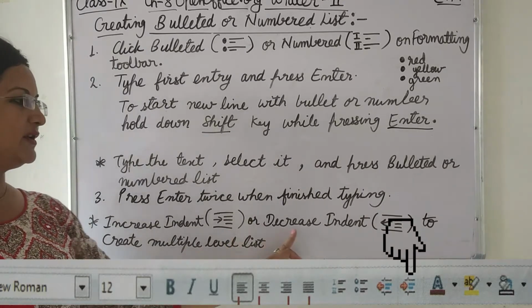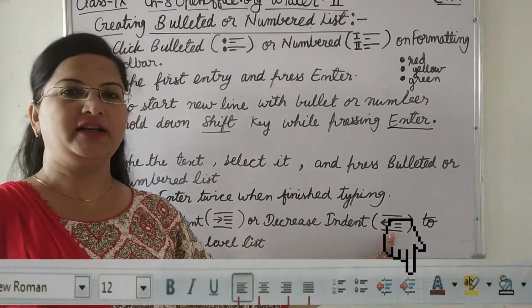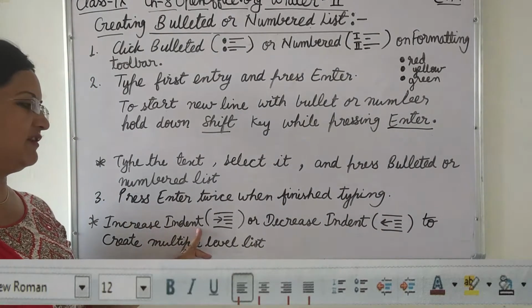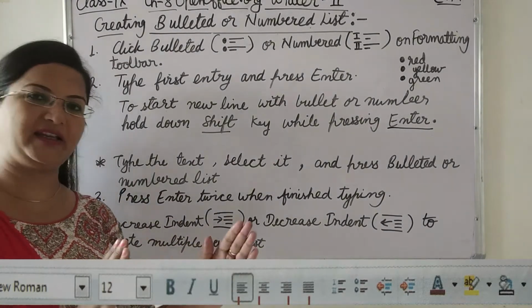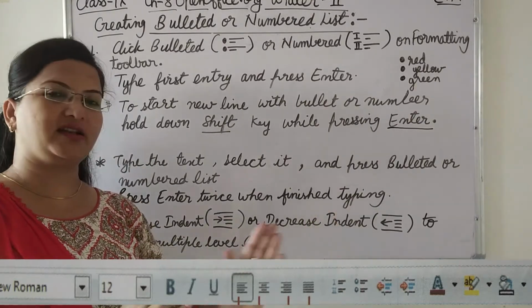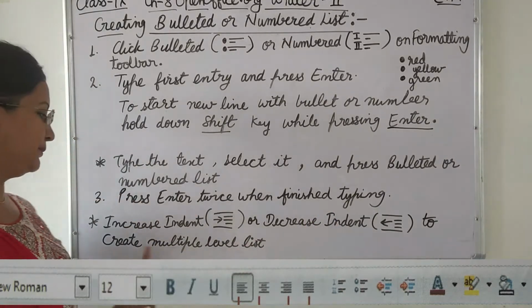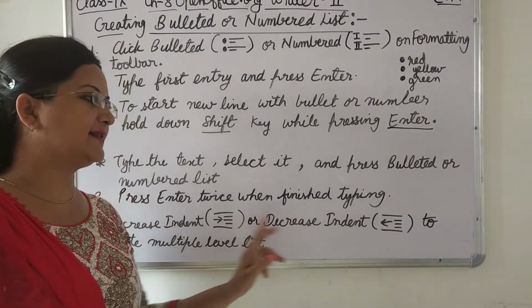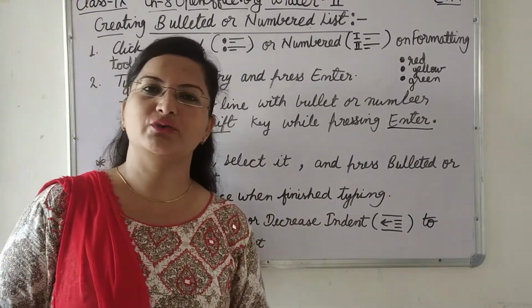If you want to decrease the indent, you can click on this icon. These are two icons: increase indent, which increases the space, and decrease indent, which decreases the space. So if you have to create a multiple label list, you can use these two icons in the formatting toolbar.